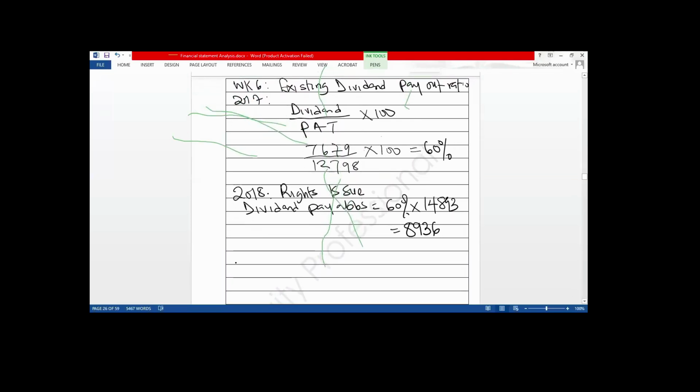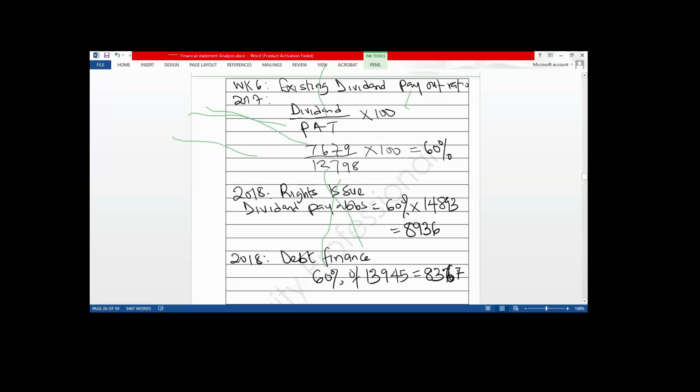When you are done, also for 2018 for debt finance, we have 60% of 13,... That will give us 8,367.